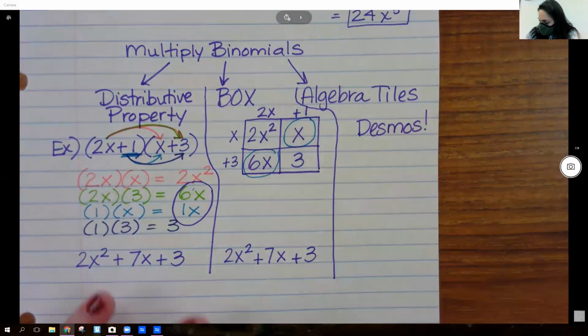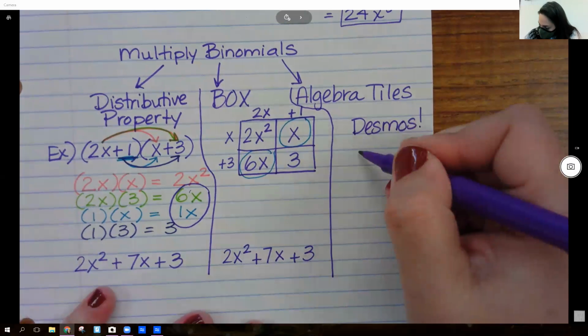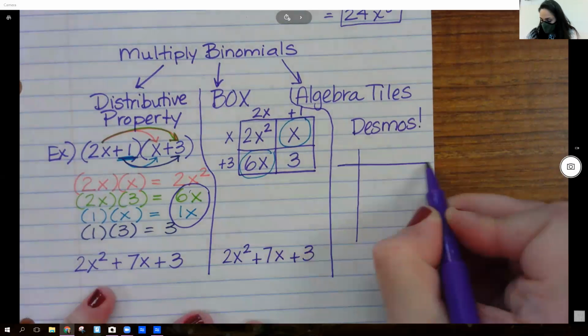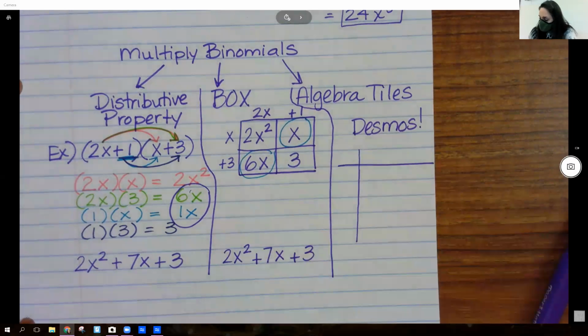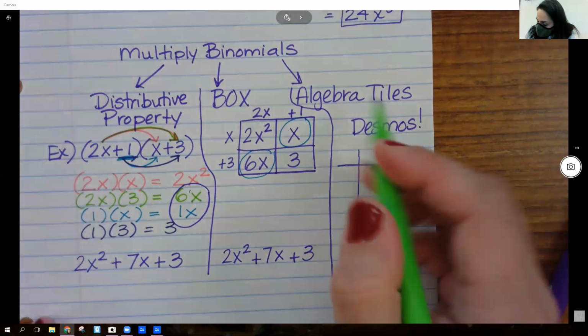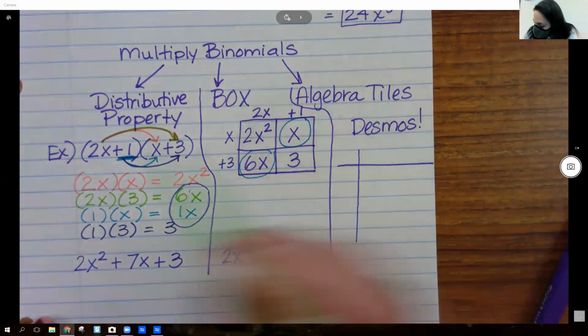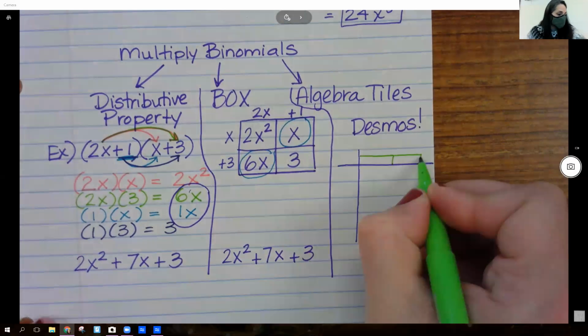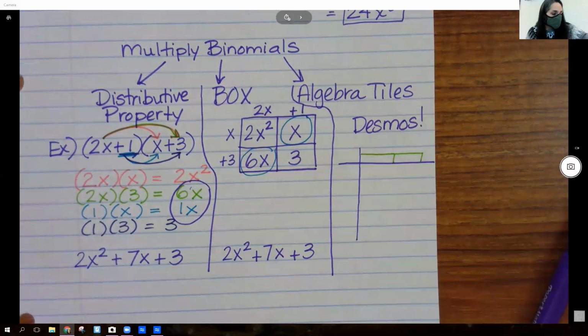Okay? So I will try my best, you guys, but I am not so good at drawing, so we shall see how this works out. I'll even try to use the same colors. So if we had 2x plus 1, that means we would have 2 long bars, and need an orange.